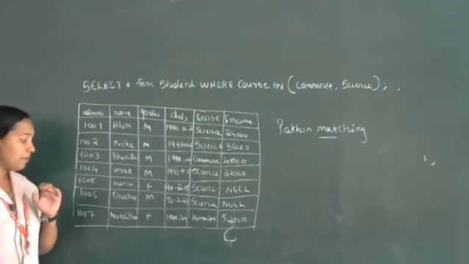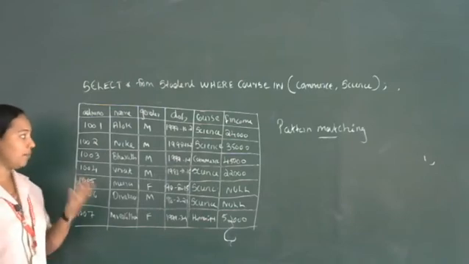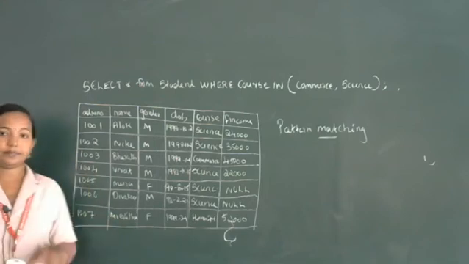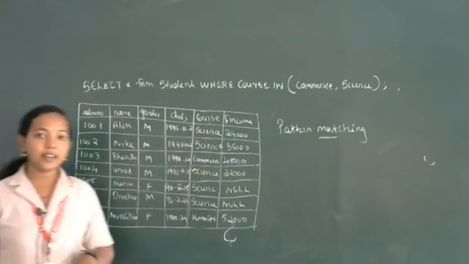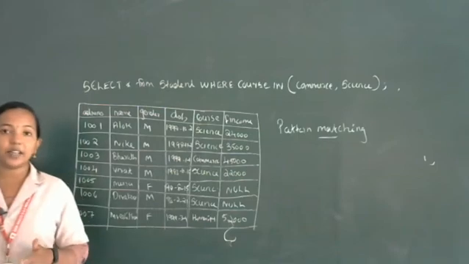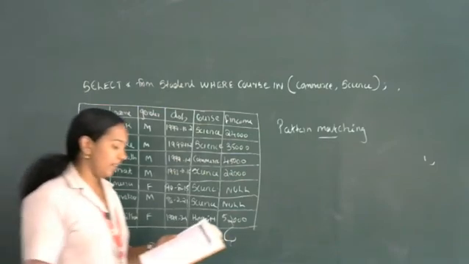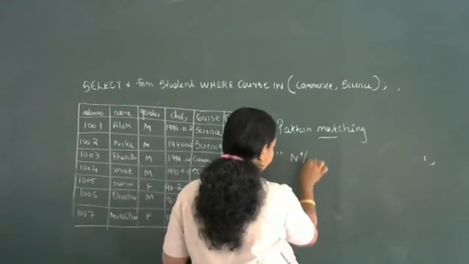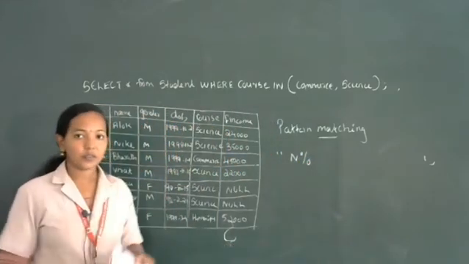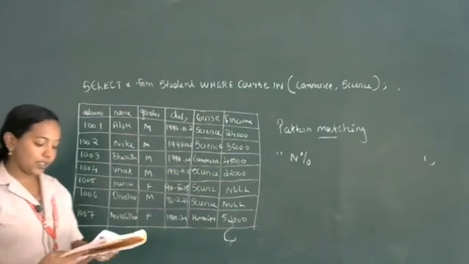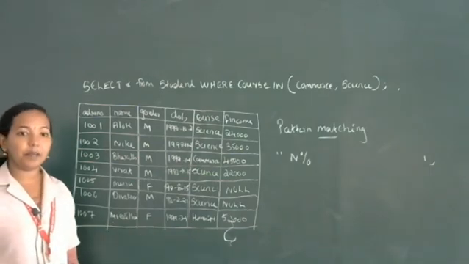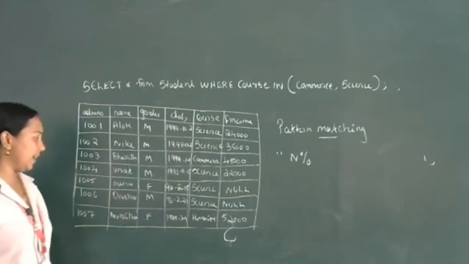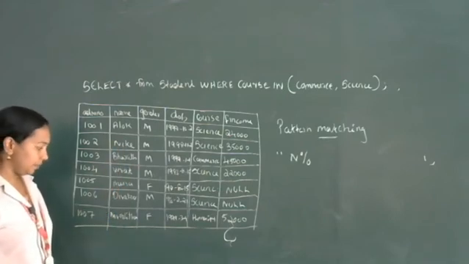For example, suppose we want to select student names starting with the letter N. Then we can write like this: where name like N percentage. Then we will get Nivedita and also Nike.